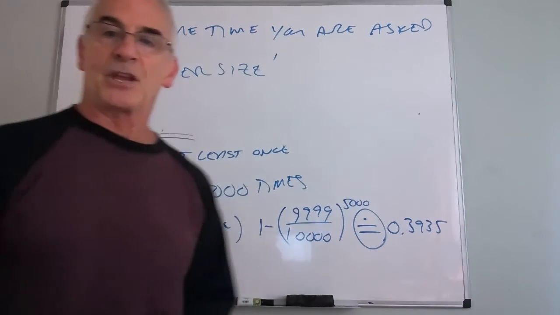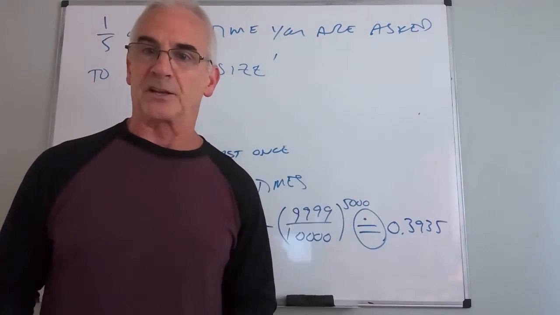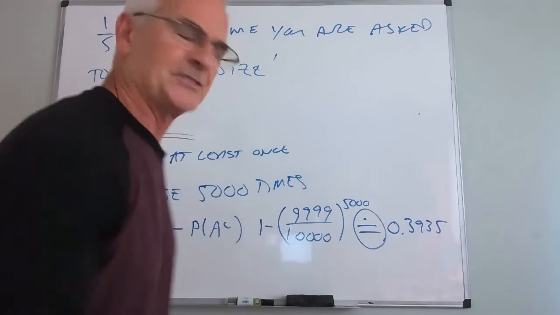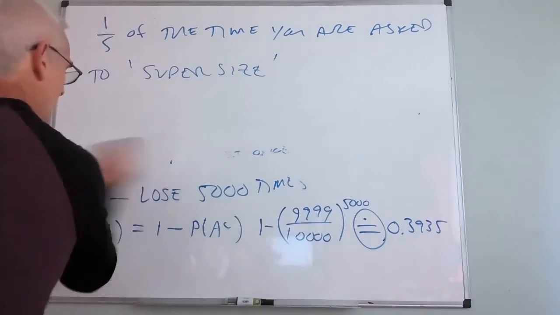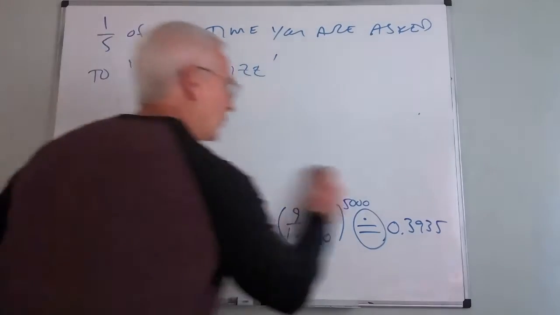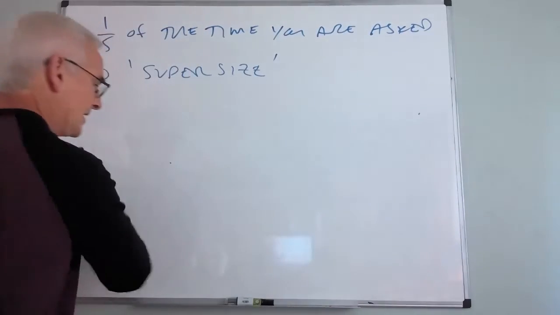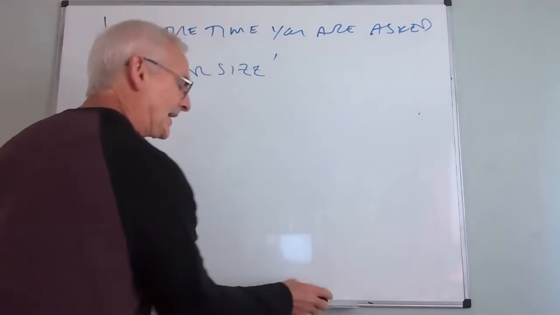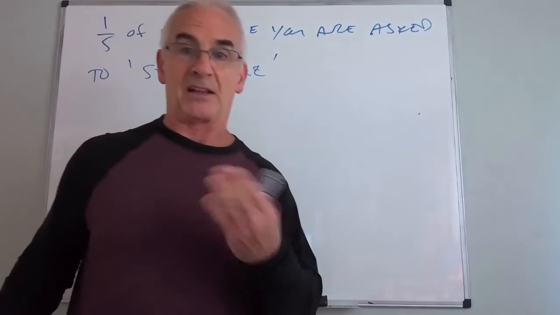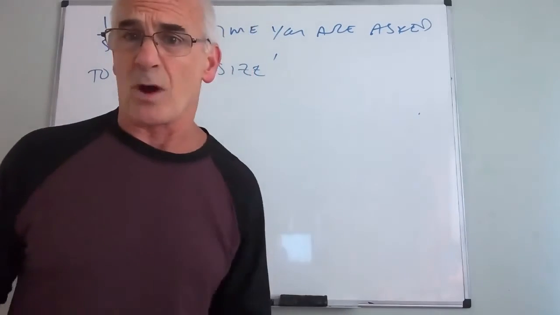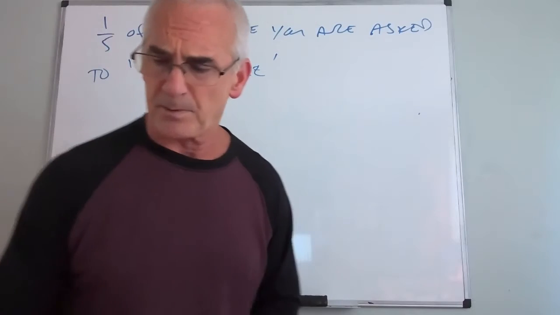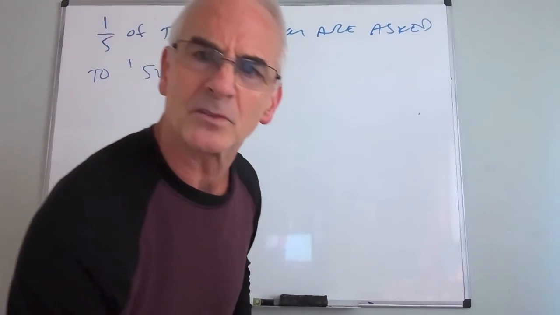Then the question is, you're going to go back to this particular place often. Let's say many, many, many times. And so you'd like to know if they're only asking 1 out of 5 times, if I go a lot, I can ask what's the probability of getting asked exactly 1 time or 2 times or 3 times and so on. But let's just say I want to know what's the probability that I get asked at least once.